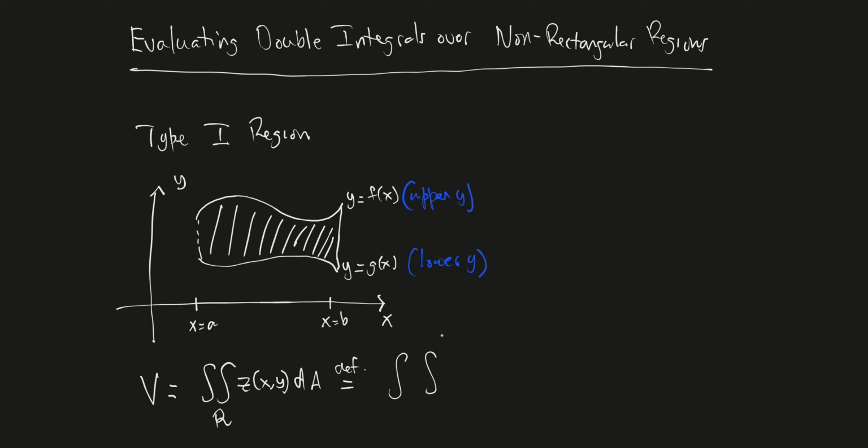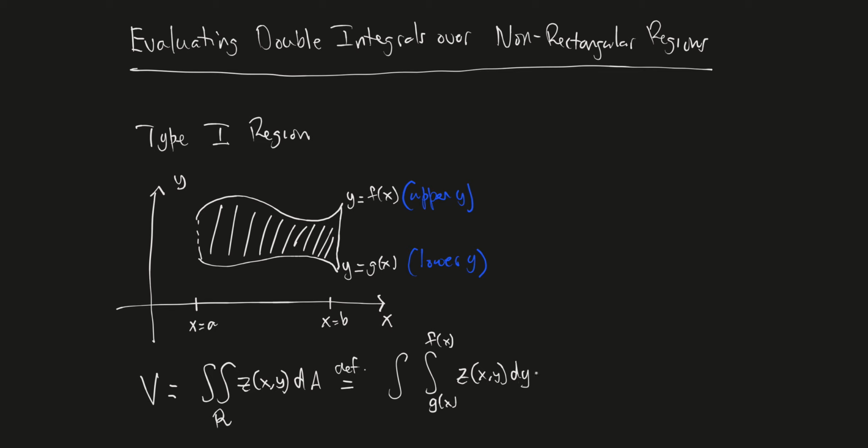This is how we would set it up. This would be the lower limit on our y integral, so g of x is down here, f of x is up here, then our z function, the function of our surface, and then dy.